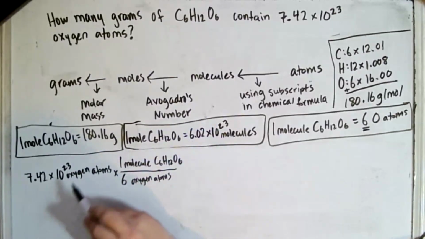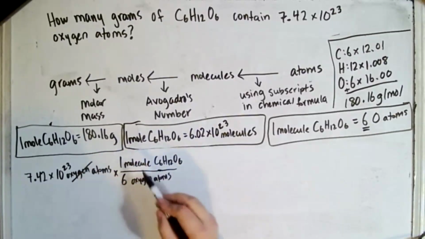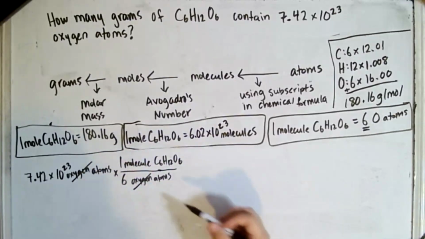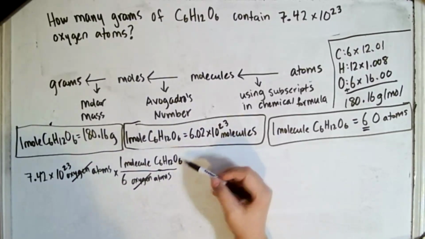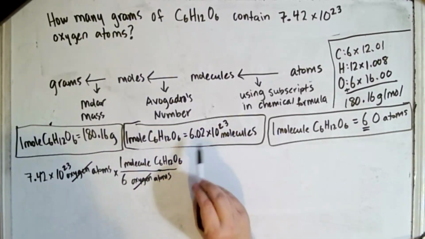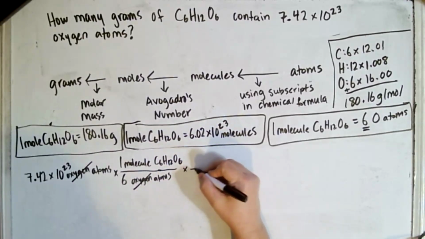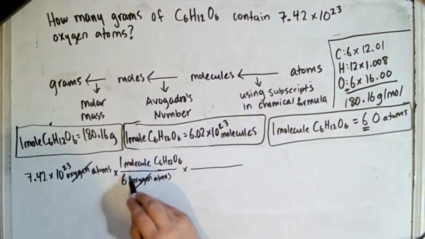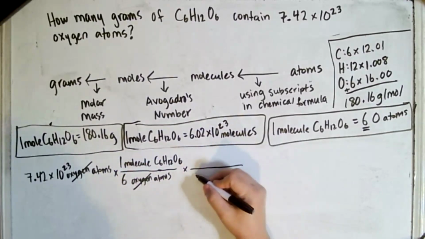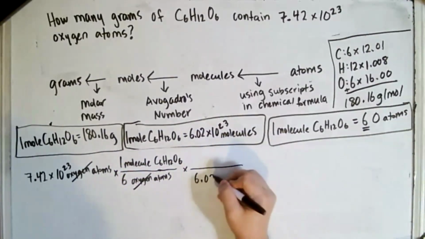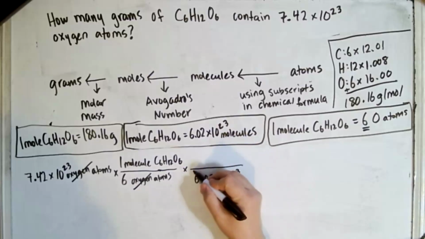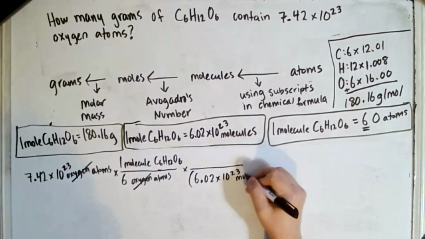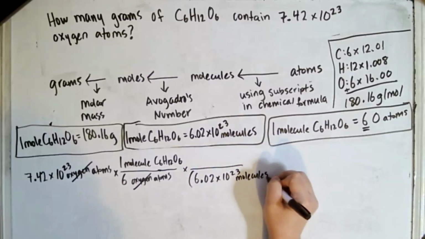Okay, that's our first step. So we're going to take our number of oxygen atoms and we're going to divide it by 6. And that's going to tell us how many molecules of glucose we have. Then we're going to be able to use our relationship with Avogadro's number. And we're going to say, okay, however many molecules we have, we're going to divide that number by 6.02 times 10 to the 23. In your calculator, please keep this in parentheses.